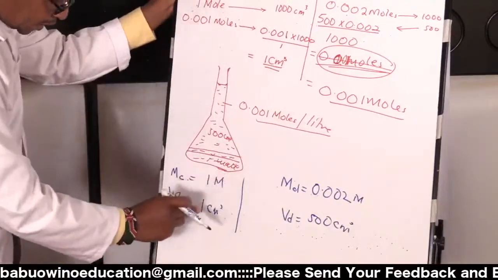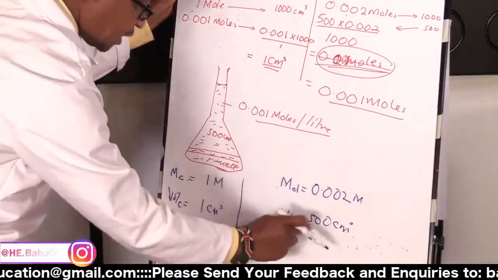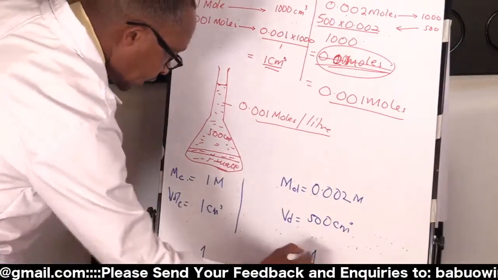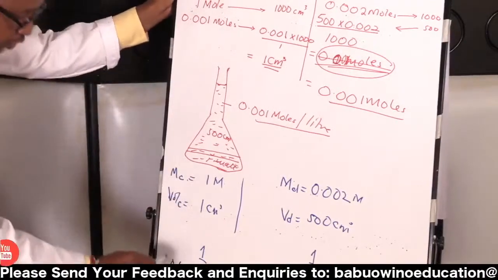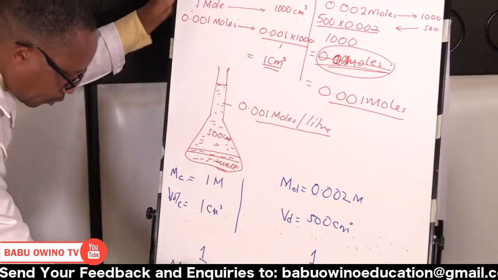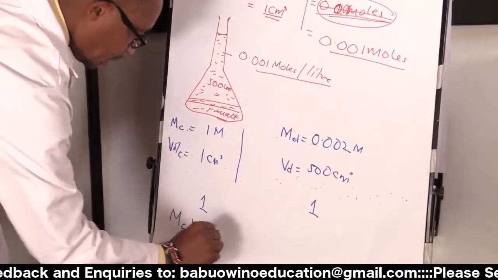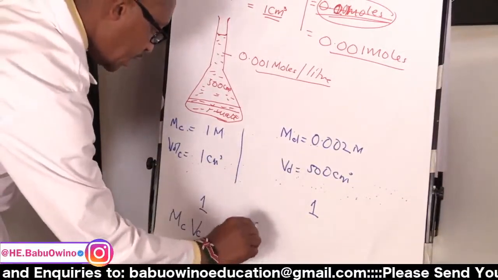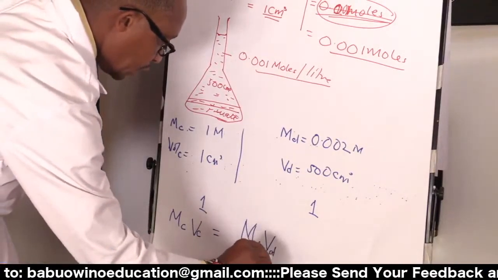If I multiply this by this, I'll get 1. If I multiply this by this, I'll get 1. In other words, the molarity of the concentrated times the volume of the concentrated is giving me the molarity of the dilute one times the volume of the dilute one.